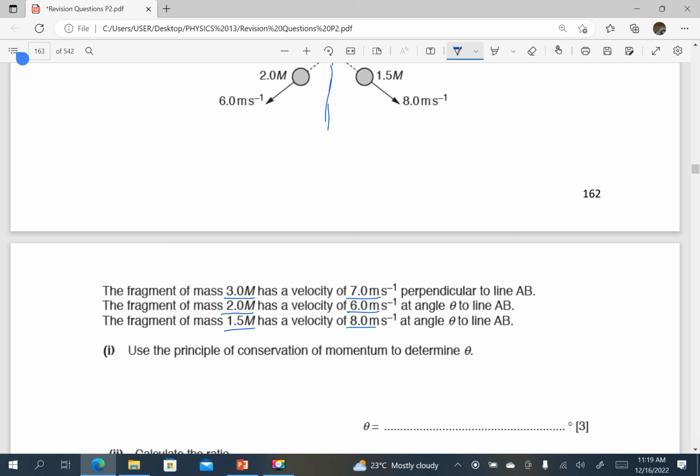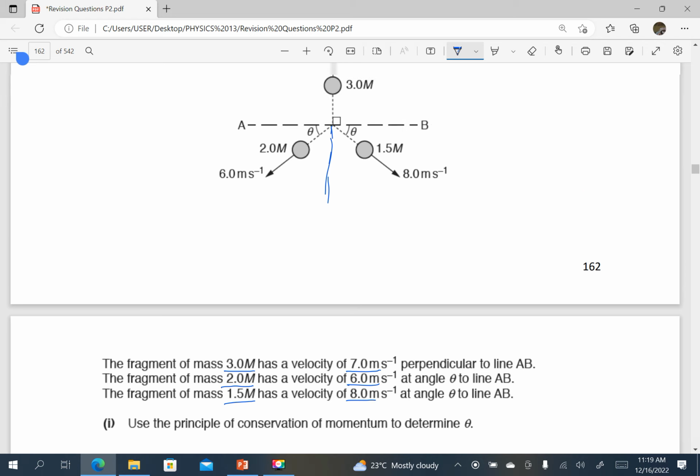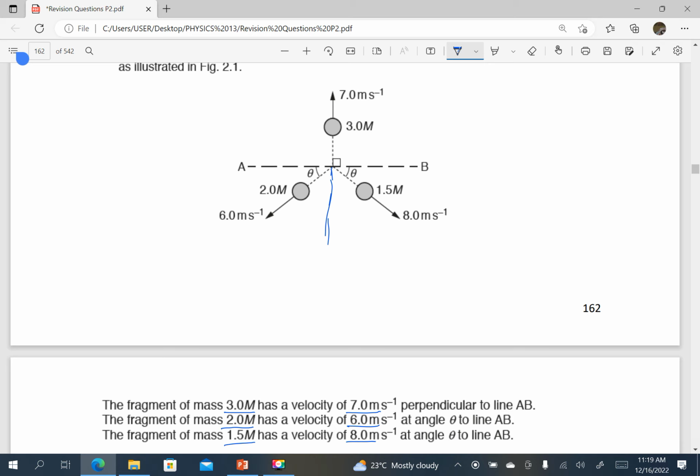So we can conserve momentum in any of the directions. If you try to conserve momentum horizontally, you will not be able to find theta, because in the x direction, on one side we have 2.0m times 6 cos theta, and on the other side 1.5m times 8 cos theta.